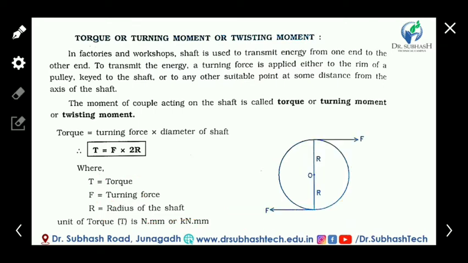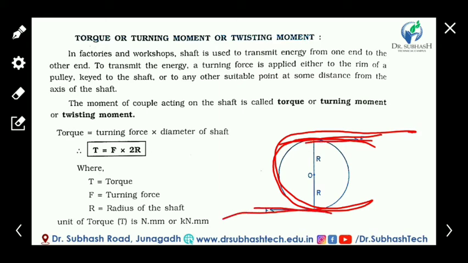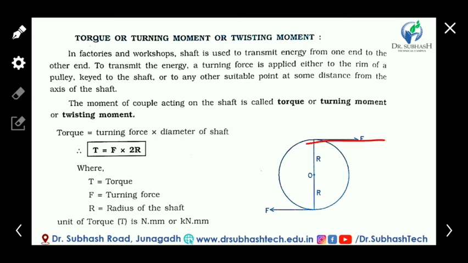The turning force is applied to the shaft, so the couple is generated here. If the belt is there and this belt rotates the shaft in this direction, then the twisting moment is generated in this direction. So two twisting forces are there to twist the shaft.